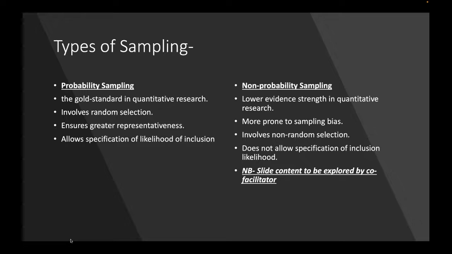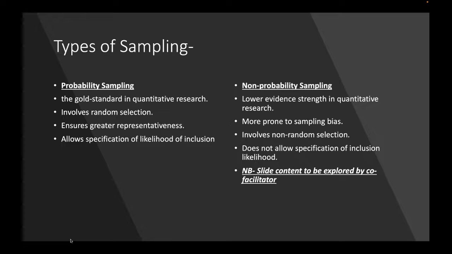But you cannot, in a non-probability study, say with any confidence before your sampling process begins that one person has a 5% chance of being in, the other has a 7%. Non-probability sampling does not offer you the power to determine the likelihood of someone or some subject being included. So it's kind of blind in terms of mathematical prediction.